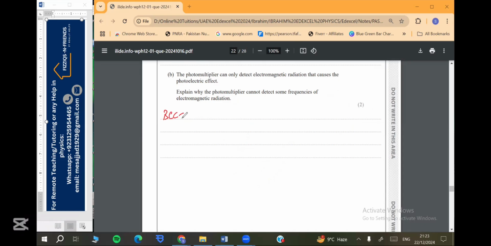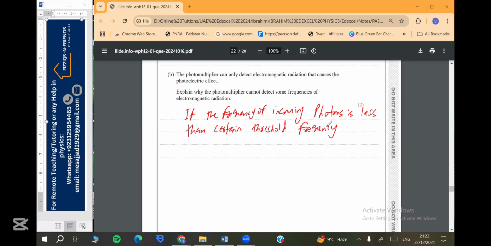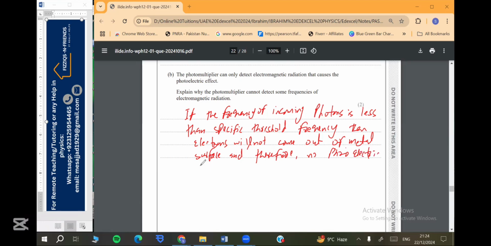So we will write: if the frequency of incoming photons is less than the specific threshold frequency, then electrons will not come out of the metal surface, and therefore no photoelectric effect will take place.